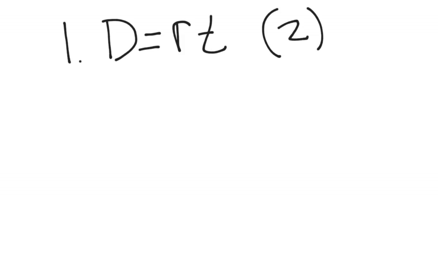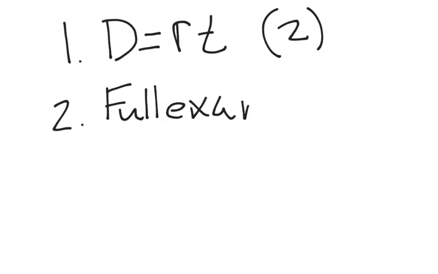So what I expect to see tomorrow when I check the homework is 1, distance equals rate times time. This will be worth 2 points. Second is the full example, which will be the other 2 points.